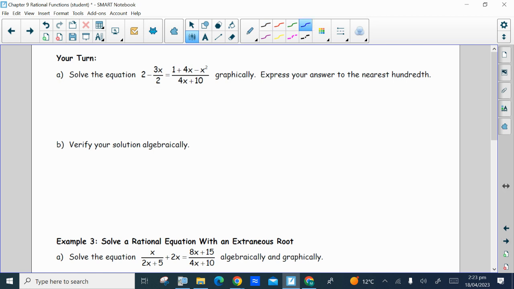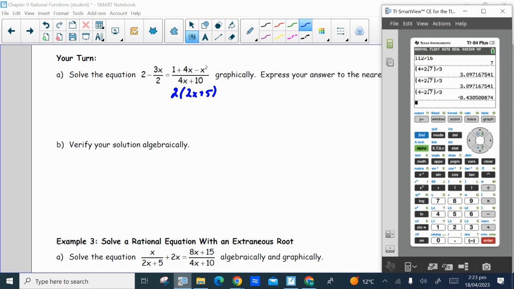Now, there might be some in there, right there. If you factor that denominator, the 4x plus 10, it'll help us when we get to part B to find our lowest common denominator. But the first part is doing it graphically.